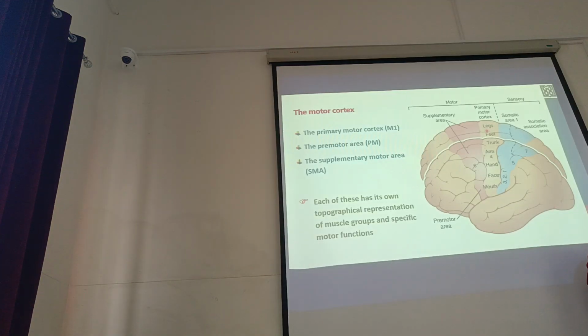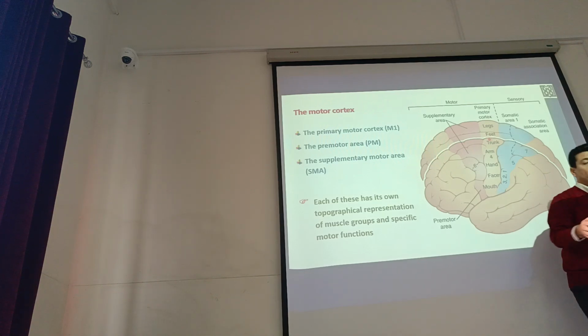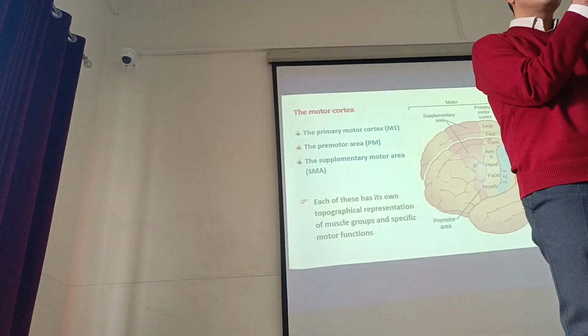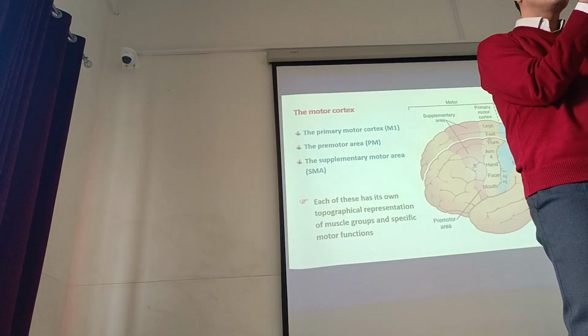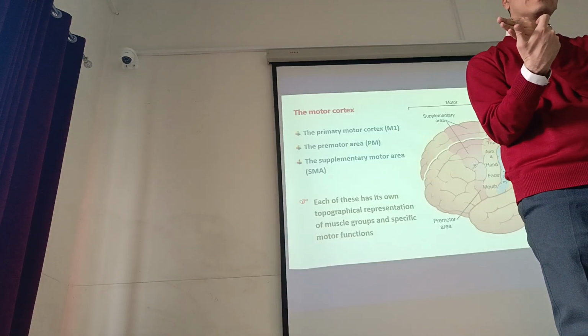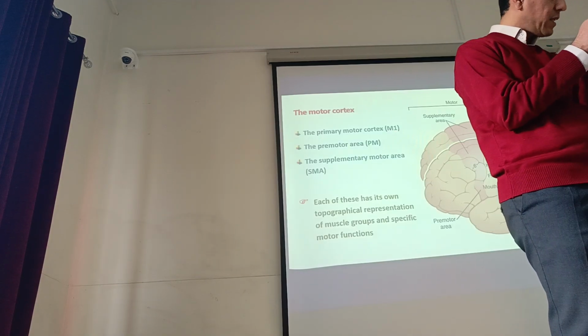Now, in the primary motor cortex, we have a map of the body, similar to the map that we have in the somatic area, right? So the mouth and face are represented laterally, but the legs and feet are represented medially, between the hemispheres, right?